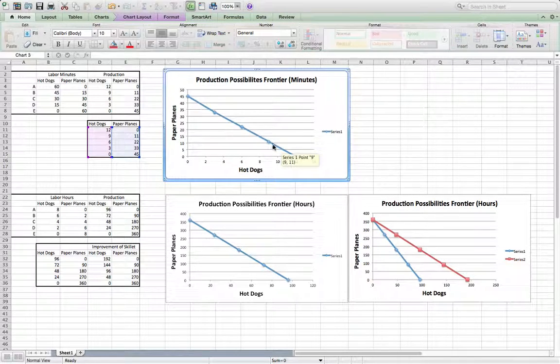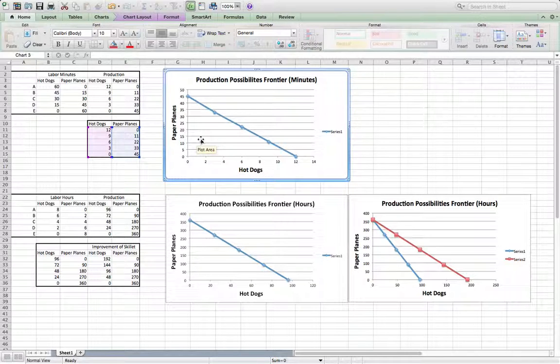And then the other points are just different production possibilities, and any point on this line is going to be possible and efficient at the current level of production. Anything to the left or under the curve over here in this area is going to be inefficient but possible.